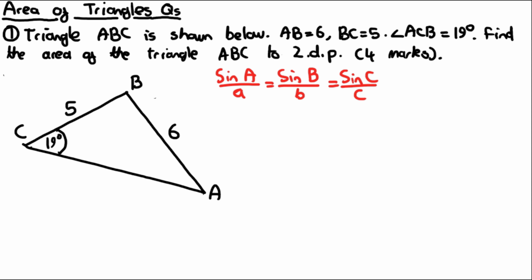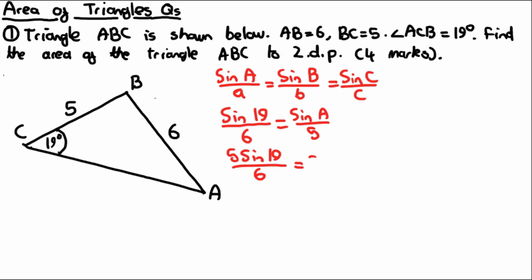So we have the opposite angle and side here, so it's sin 19 over 6 is equal to, and we have the opposite side and angle here, I'm just going to call this angle A, sin A over 5. Times both sides by 5 to get 5 sin 19 over 6 is equal to sin A, and then if we put this into a calculator, we will find therefore that sin A is equal to 0.271.